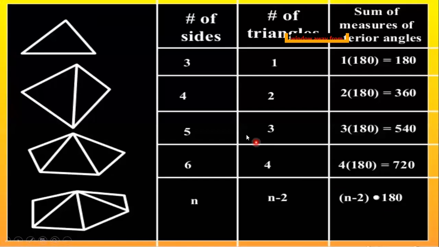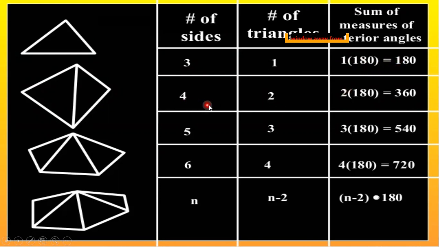So if we look at this table here, it summarizes some of the polygons with their sides, the number of triangles that can be got from those polygons, and also the interior angle sum, or the measure of the interior angles. If we start with a triangle which has 3 sides, it forms only one triangle using the formula n - 2. Then it has the interior angle sum as 180 degrees.